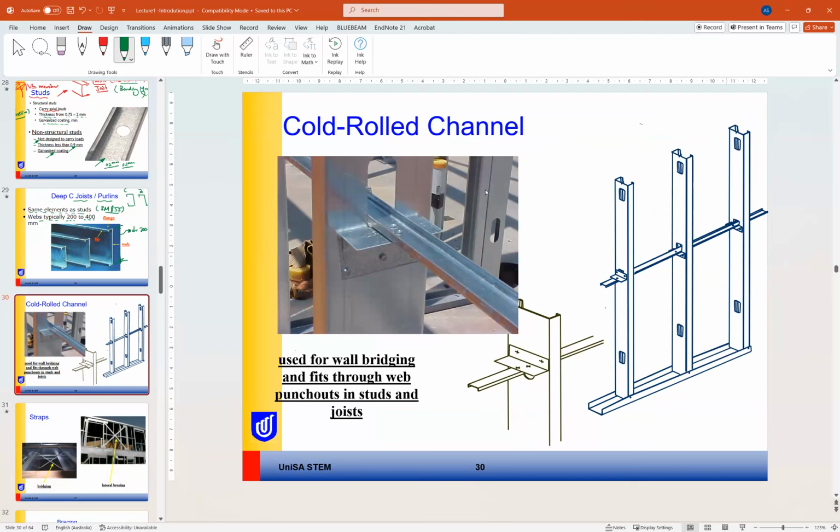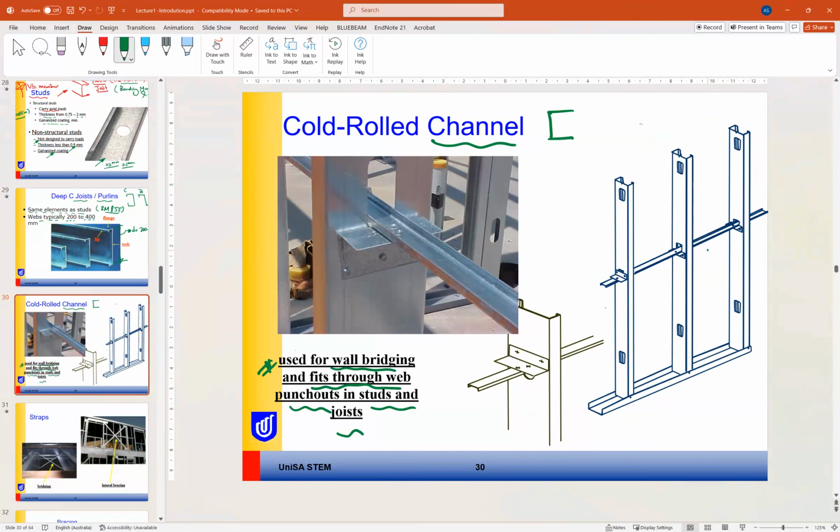Cold roll channel. The channel is the same shape as C, but it is a little bit smaller. This cold rolled channel is used for wall bridging and fits through web punch outs in studs and joists.